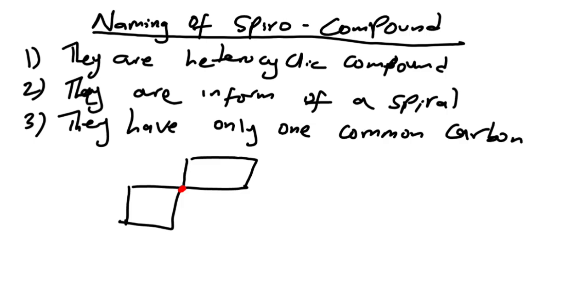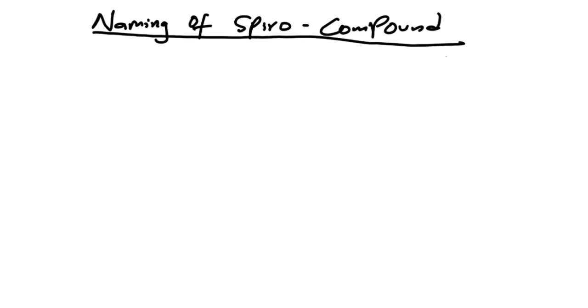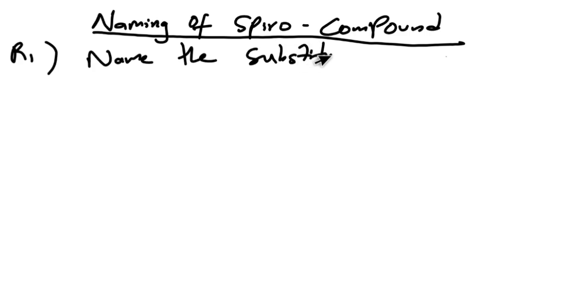Now, how do we name all these spiral compounds when you see them? If you want to name a spiral compound, what are the rules you have to follow? The first thing is rule number one: you name the substituents first.